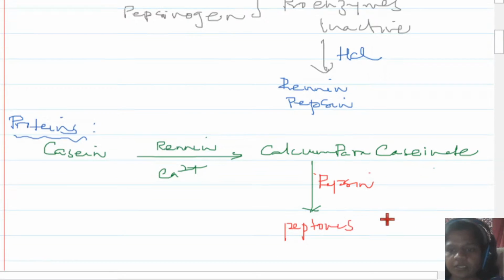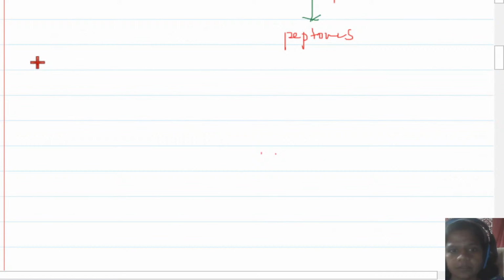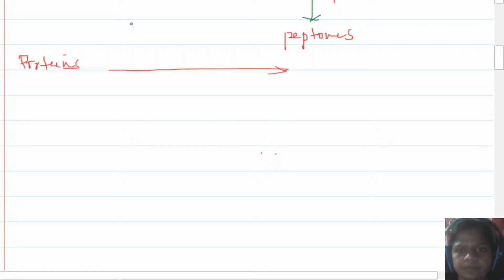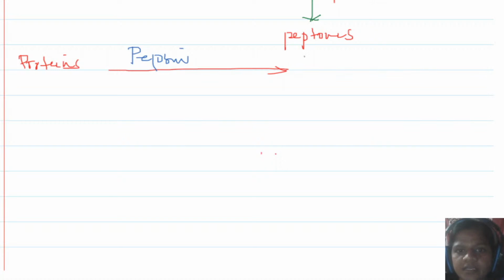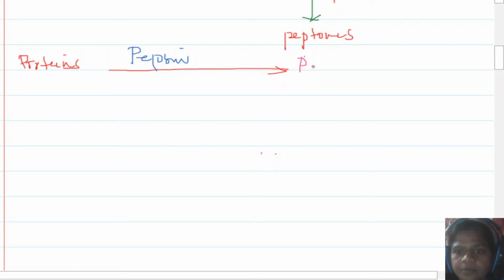Now the pepsin also converts proteins into proteoses and peptones. These are at varying degrees of digestion.